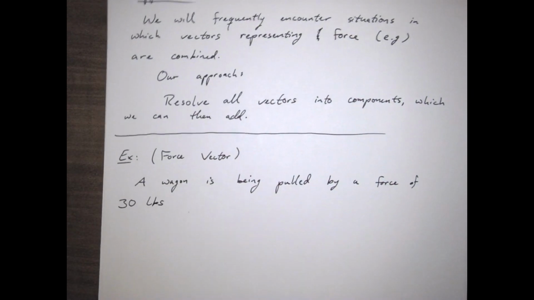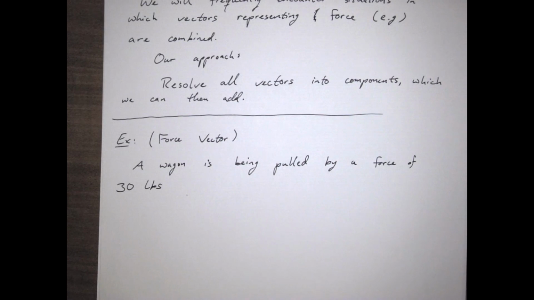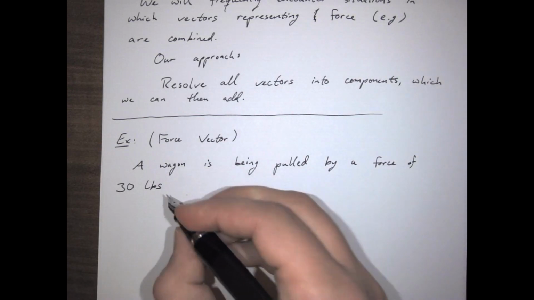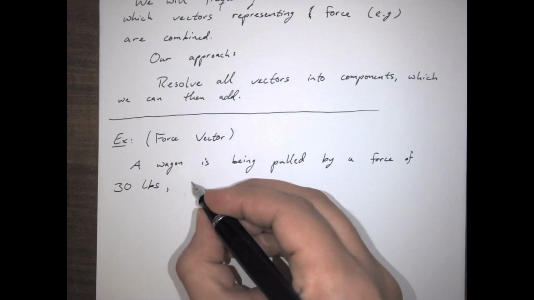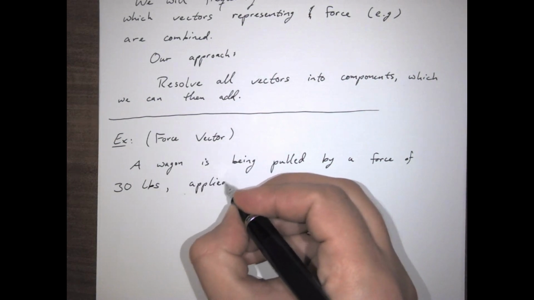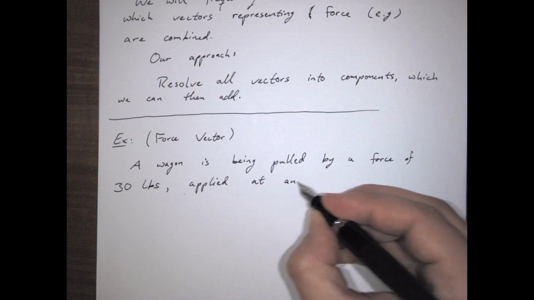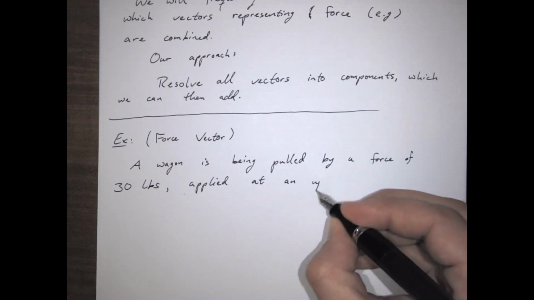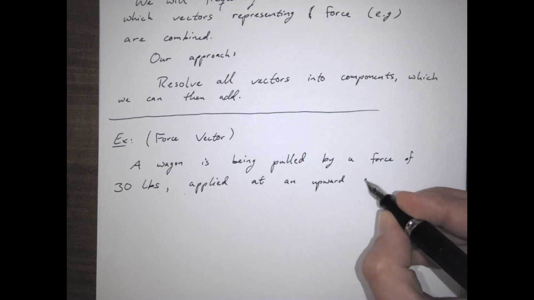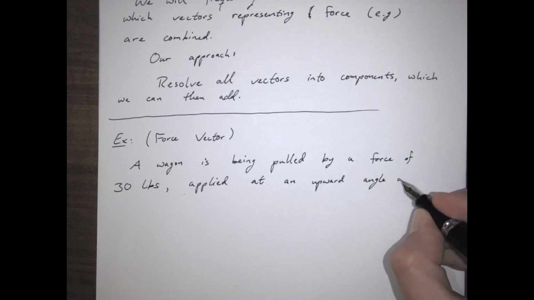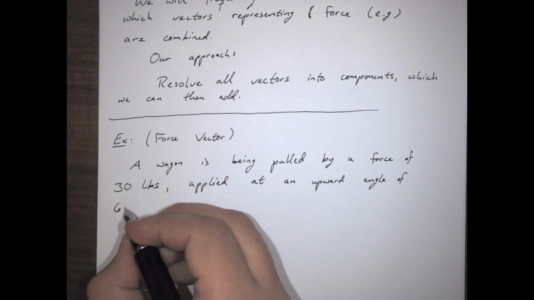Pounds, you're most familiar with that probably as a measurement of weight, but it actually is any kind of force, and this would mean it's the equivalent of basically like a 30-pound weight attached to maybe a pulley, and it is pulling the wagon along. Applied at an upward angle of 60 degrees.